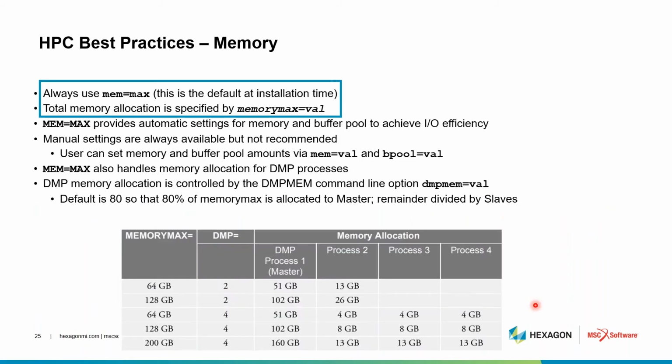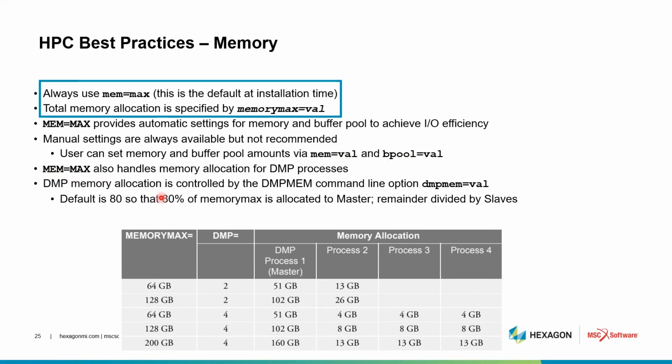So for the HPC best practices, as I said earlier, Nastran has the command memory equals max, and that automatically allocates the memory. Total memory allocation is specified by memory max equals value. The users can, of course, do some manual settings and input the memory value, memory equals value, and default equals value as well.